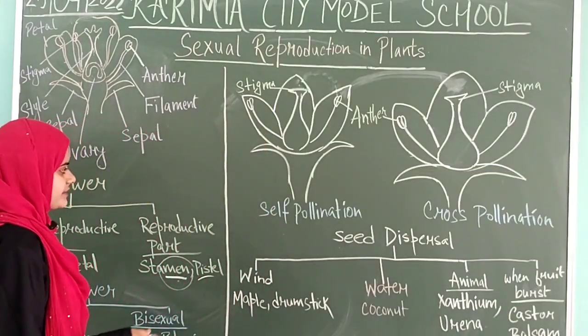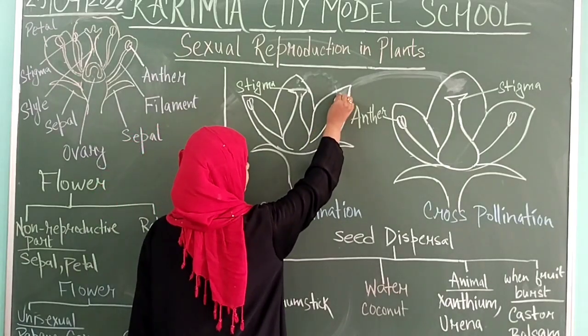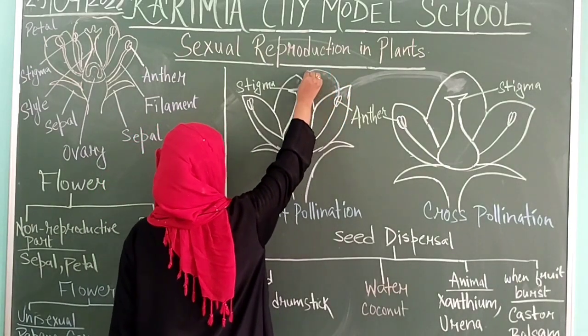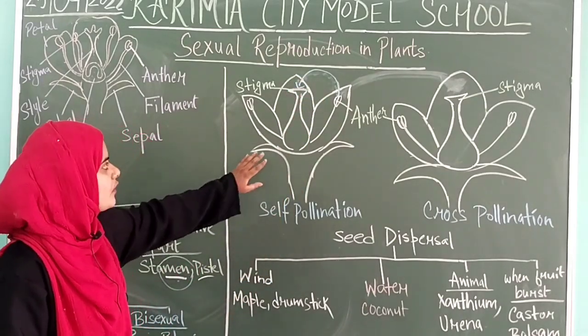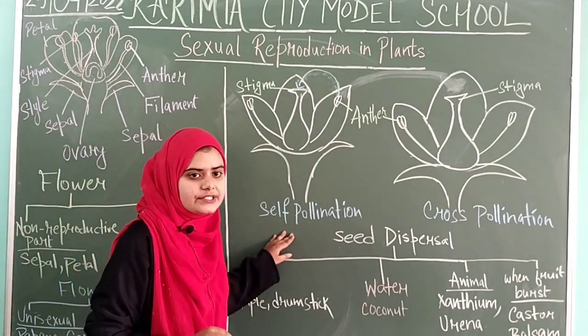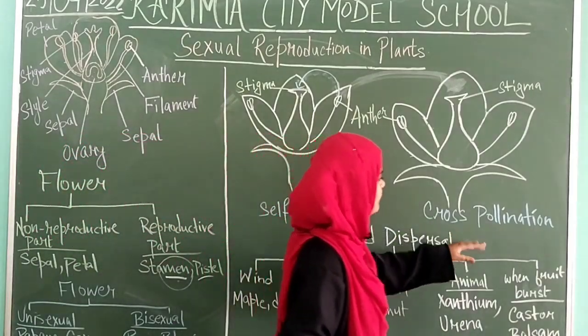What is self-pollination? If in a flower, from the anther, this is the anther, the pollen grains travel to the stigma in the same flower only, we call this self-pollination. Now in cross-pollination, what is happening?